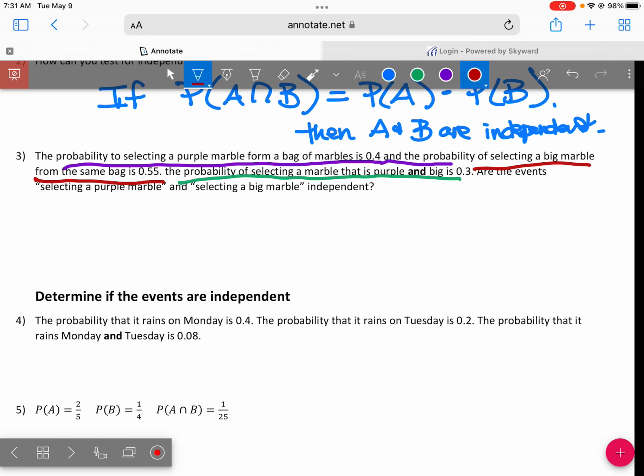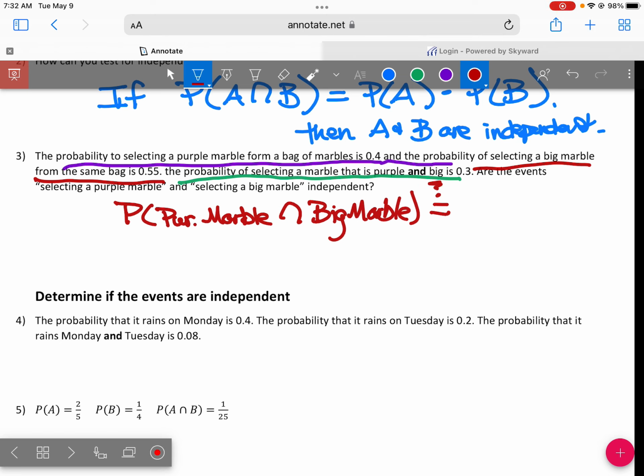Okay, so here's where we use that formula. So the probability of a purple marble and a big marble, we want to know, is that equal to the probability of pulling out the purple marble times the probability of pulling out the big marble?